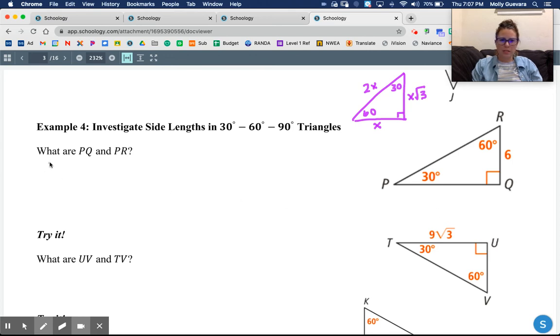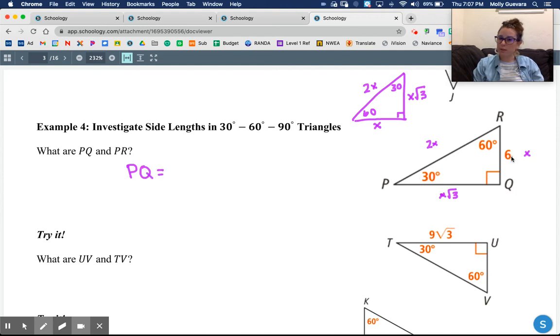So here in this example, my 60 degrees, right? This is X, this is 2X, and this is X square root of 3. So if I want to start plugging these in, I know that RQ is 6. So PQ is this length here.